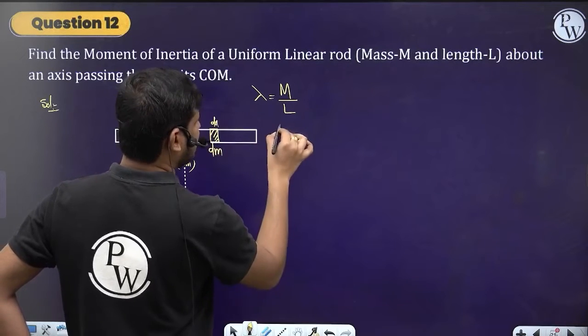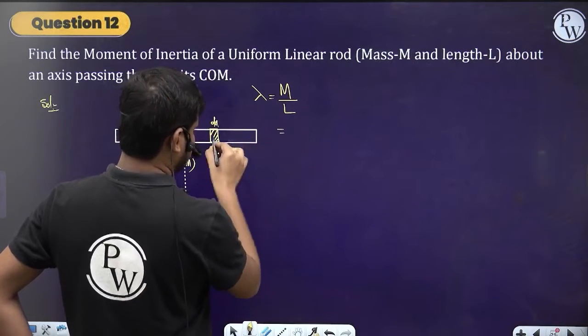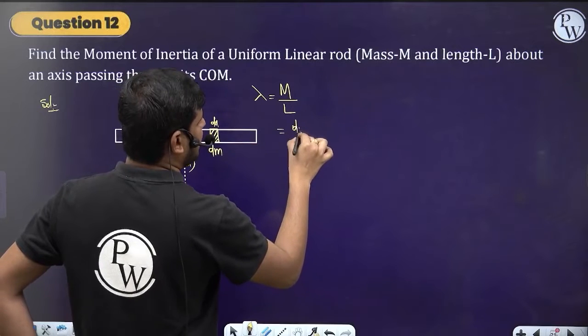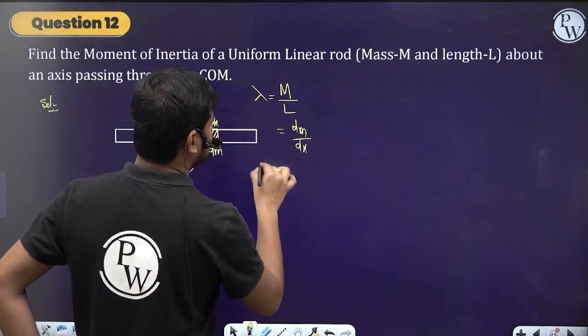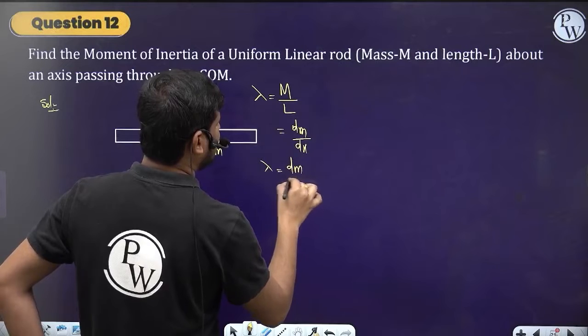Its mass is dm and its length is dx. So I can take lambda equals dm by dx.